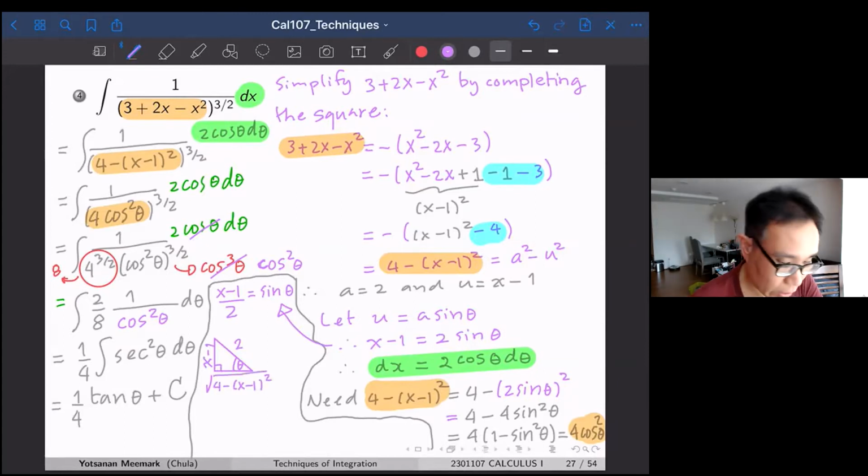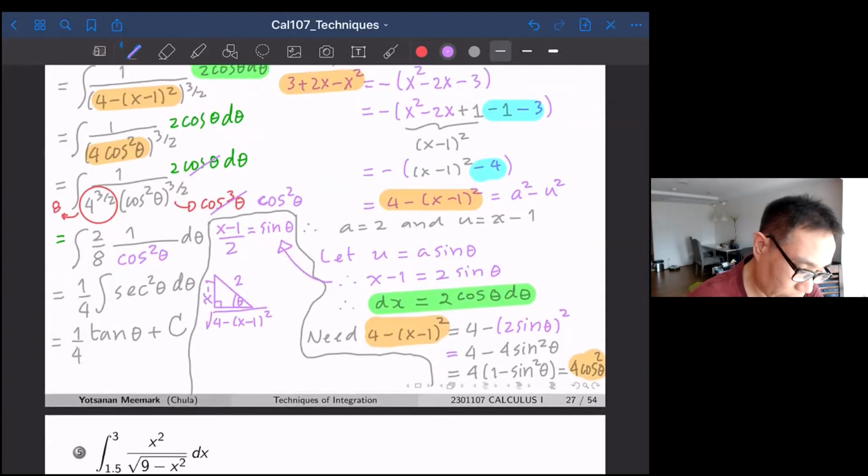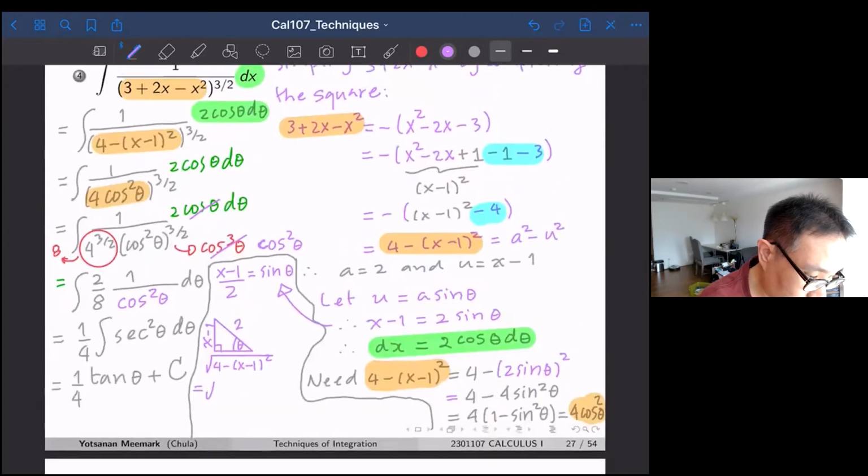Okay. And so what is 4 minus x minus 1 square under the square root? This guy is the number that we had before. So this guy is the orange term that we had before.